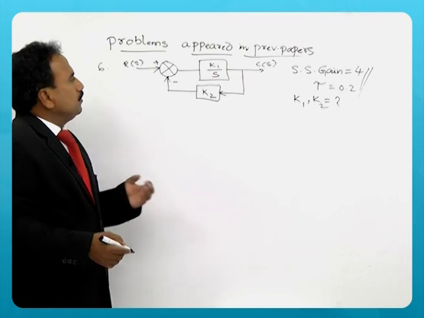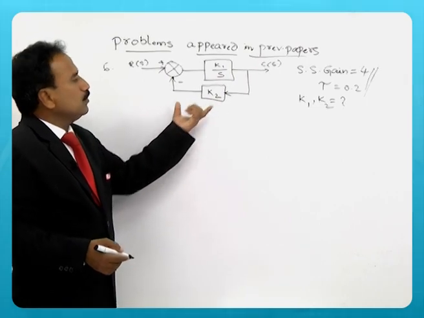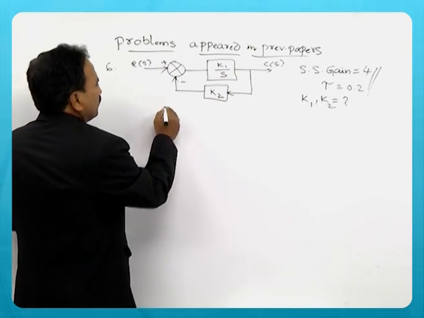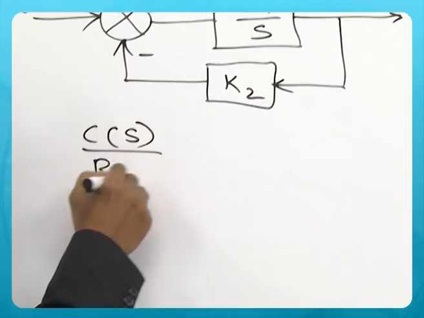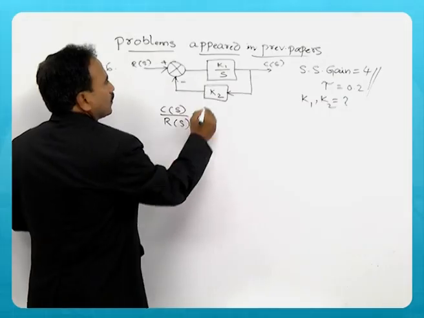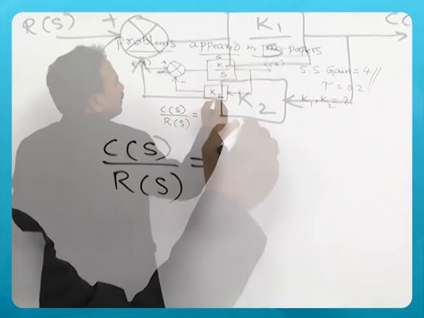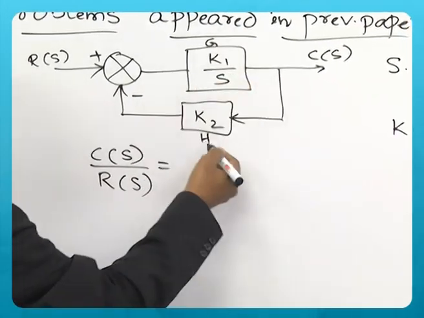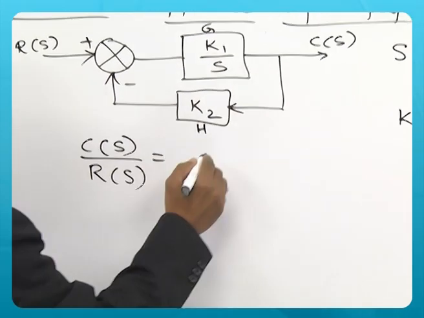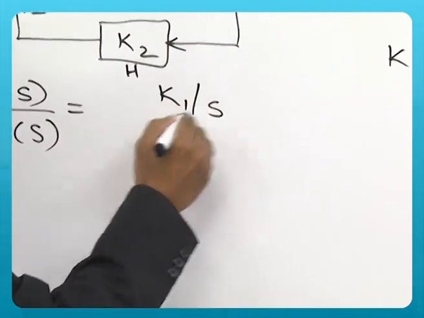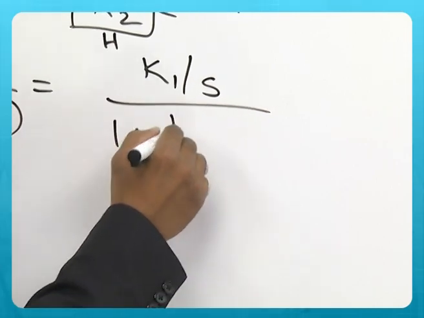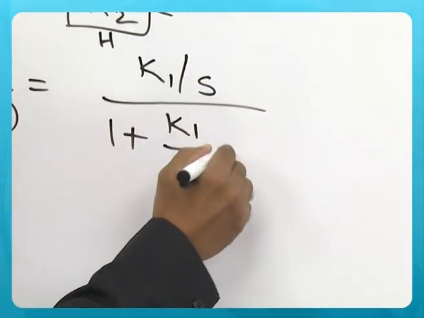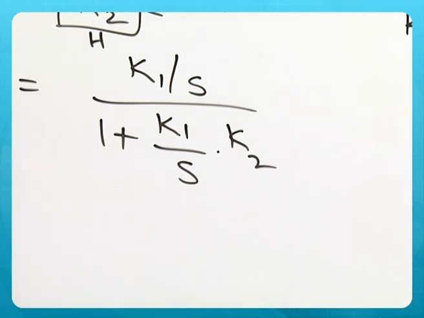As you know, for this closed loop system, we need to calculate C(s) by R(s). You can consider this as g, consider this as h, and g by 1 plus gh. So k1 by s by 1 plus k1 by s into k2.